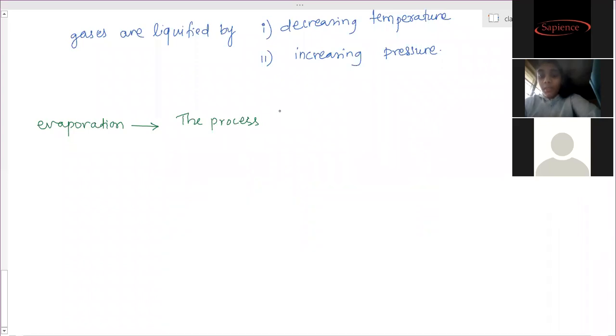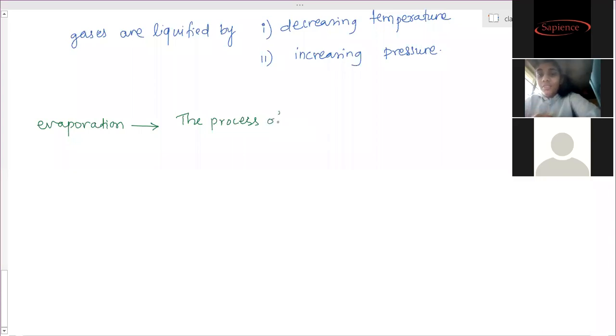No, other substances won't undergo evaporation. Ma'am, other substances means? Other liquids. Then why only water is used in the definition?